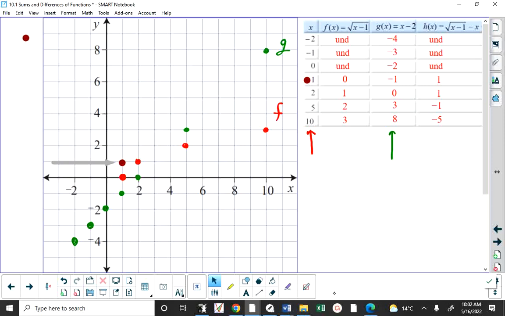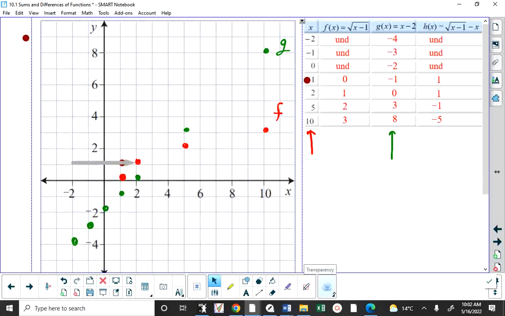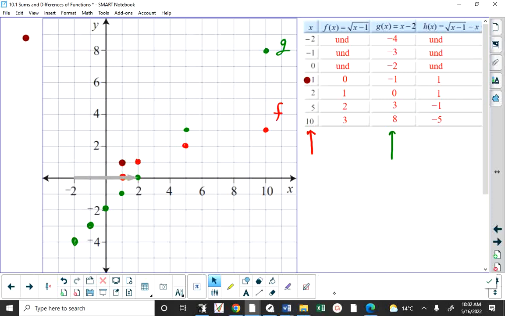Let's try that here. If I take the y coordinate on red at x equals 2, that's 1, and I subtract the y coordinate at x equals 2. At x equals 2, the y coordinate on f is 1 minus the y coordinate on g, which is 0. 1 minus 0 is still 1.